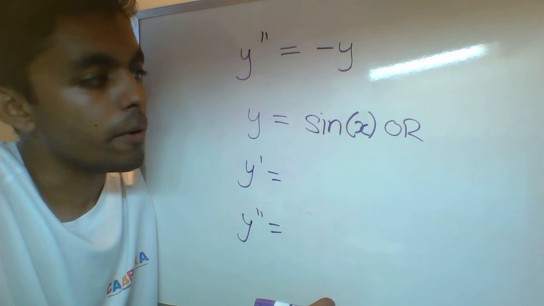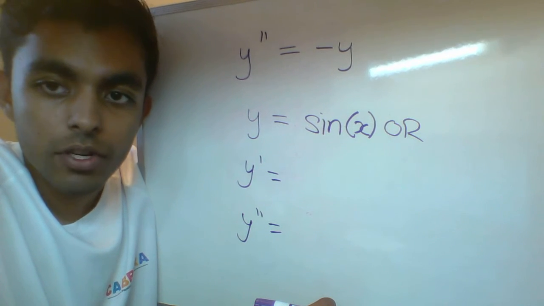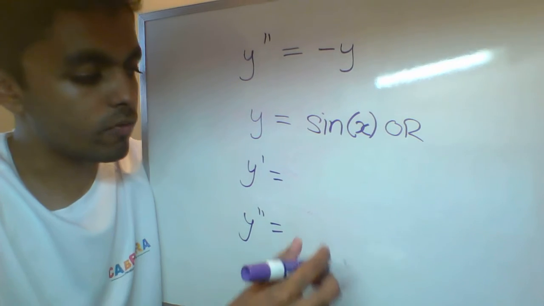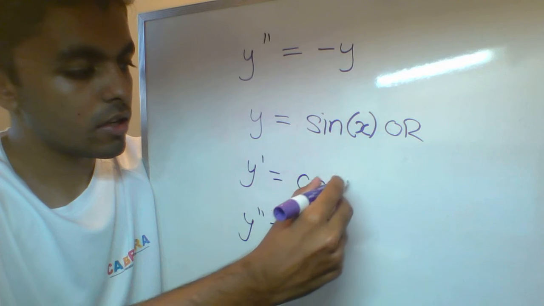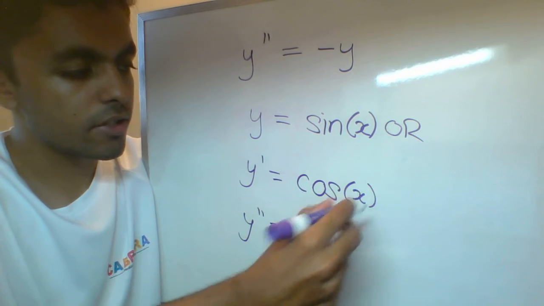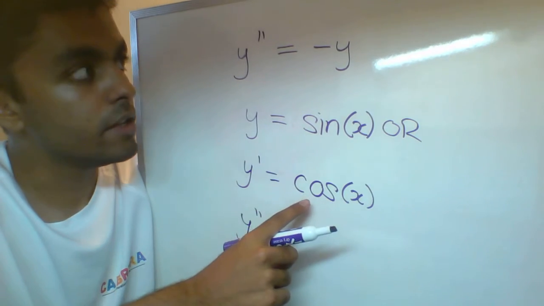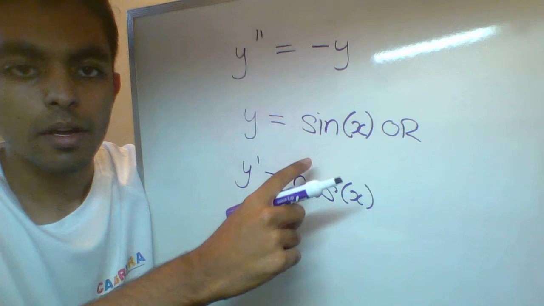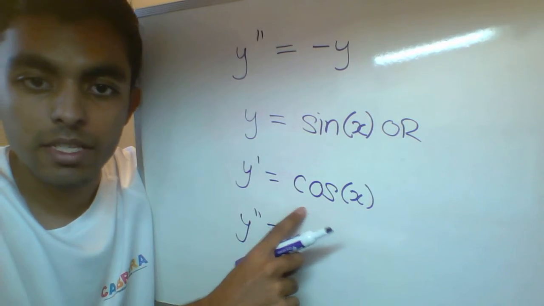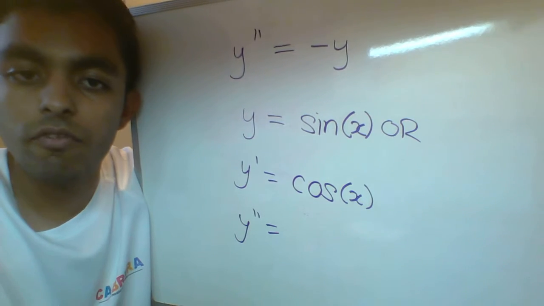Alright, so sine of x. The first derivative of sine of x, hopefully you guys remember, is cosine of x. Now that doesn't help us because we don't want this to be different from that, but it's okay because this is appearing in the first derivative and we don't need to worry about the first derivative in our final answer.